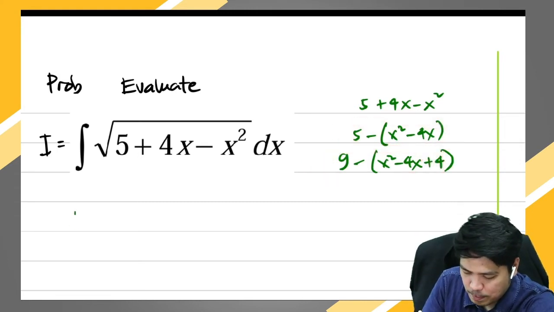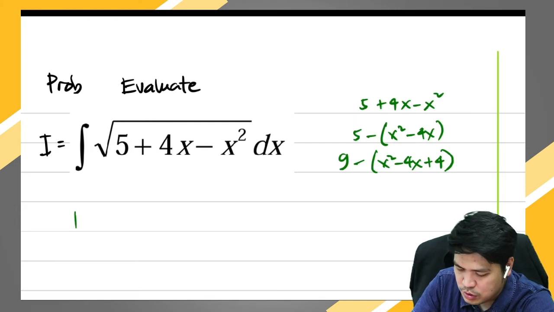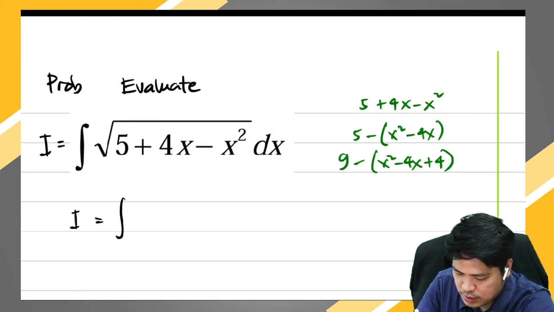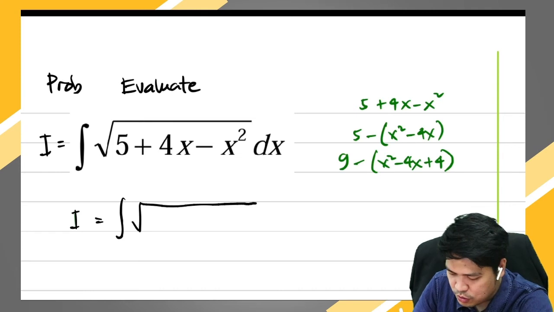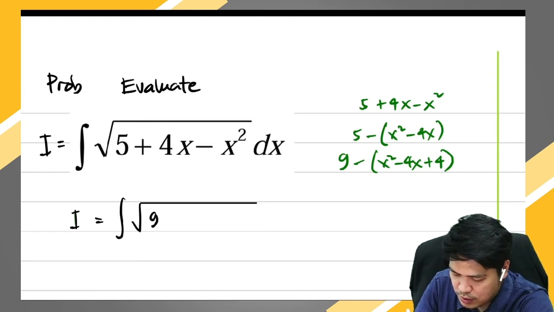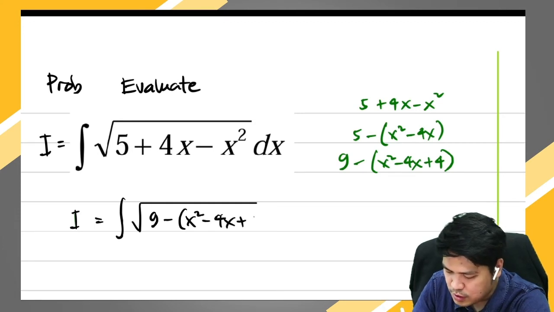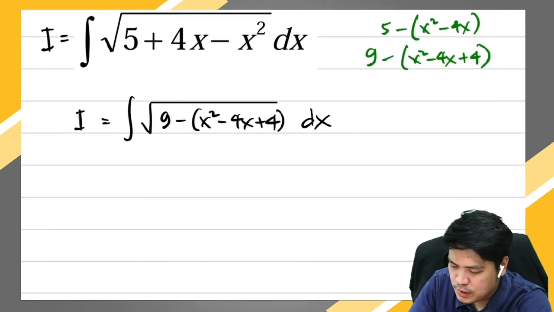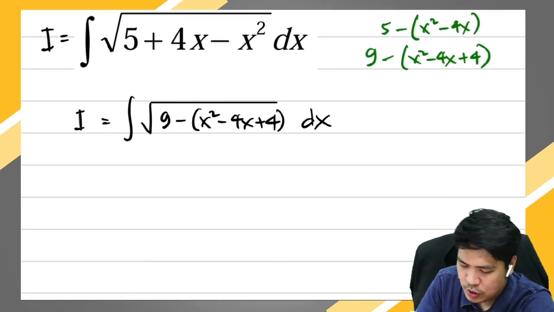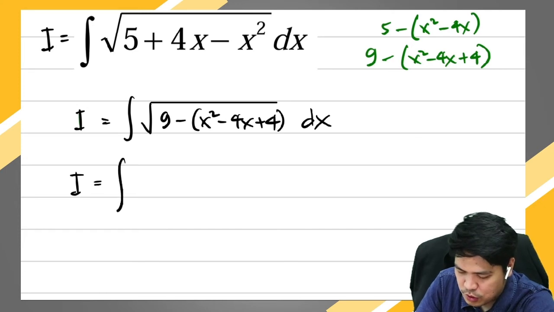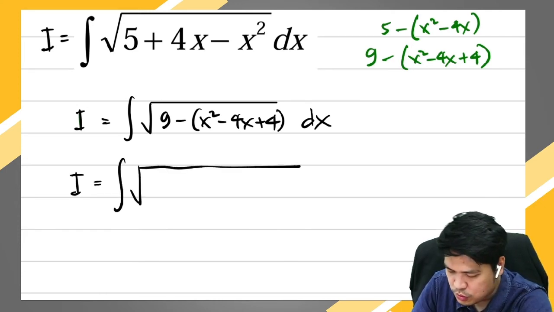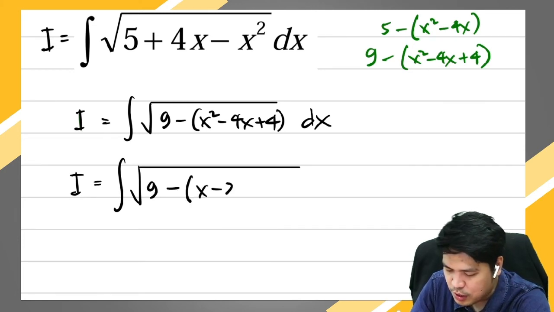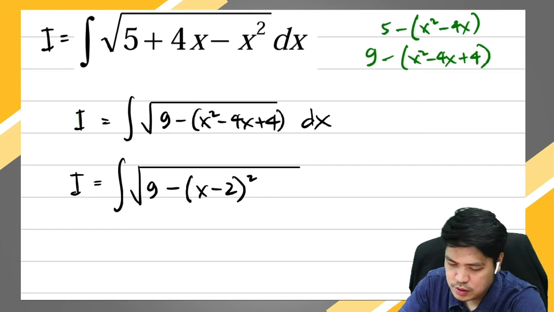So therefore, I could rewrite I as the integral of the square root of 9 minus x squared minus 4x plus 4 dx. Okay? Then if we rewrite this further to this form, a minus the square of x minus 2, right?